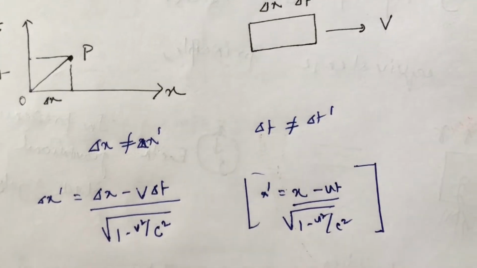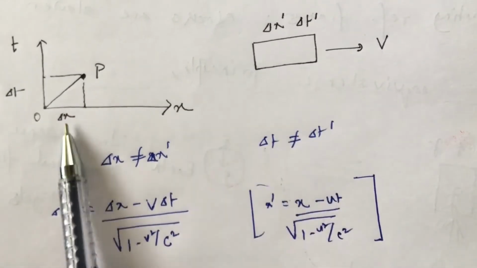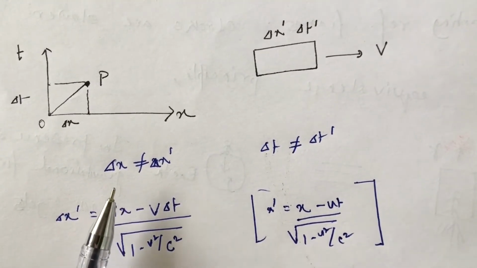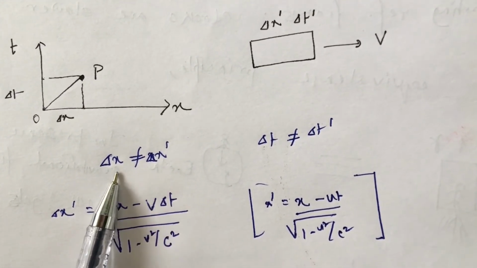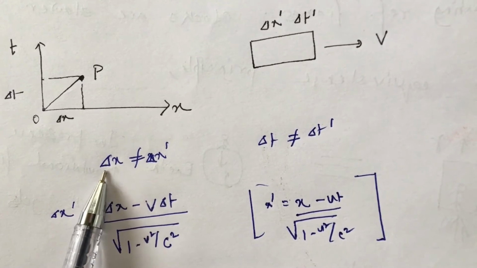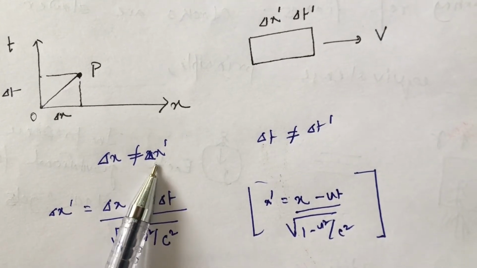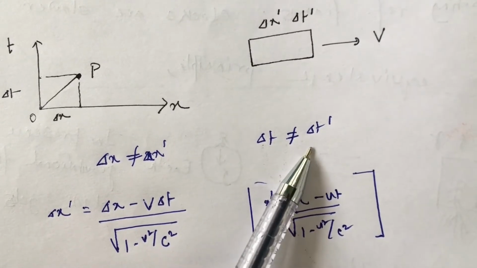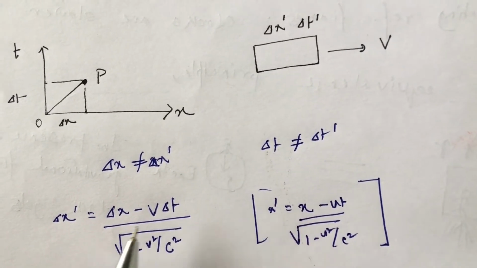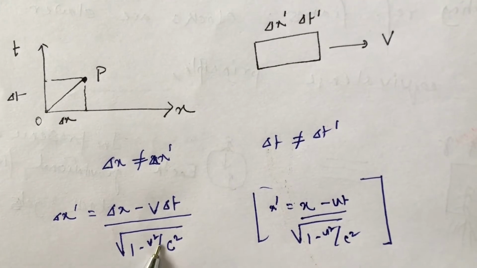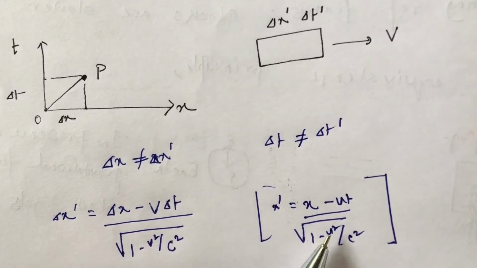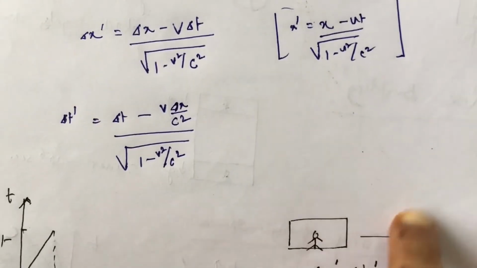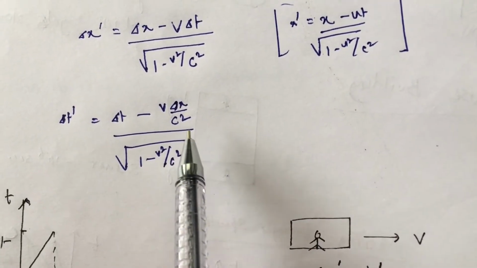So we know that in both reference frames, the measurements of delta x and delta x prime must not be equal. The measurements of the time intervals must not be equal, but there is a relationship between them. Following this relation, which I have discussed in the special relativity section. Similarly, for delta t prime, I have this relation.